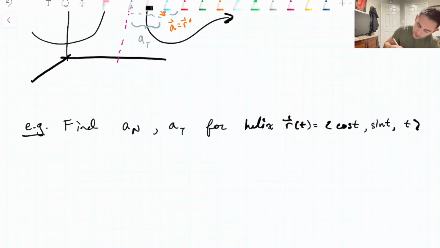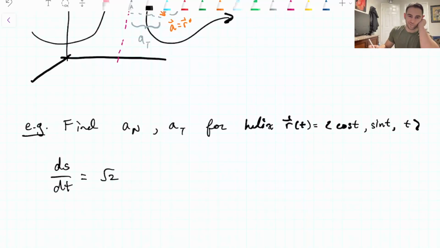We know so much. We know that ds dt for the helix, this is the magnitude of the velocity vector, the speed of the helix was constant and equal to square root of 2. We also know that the curvature we computed earlier was equal to 1/2.